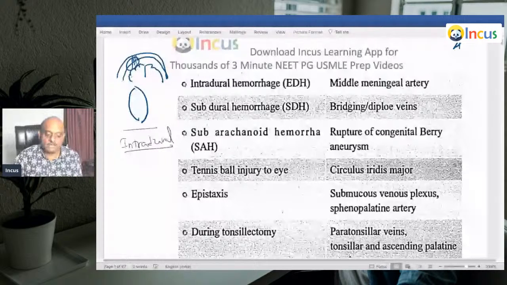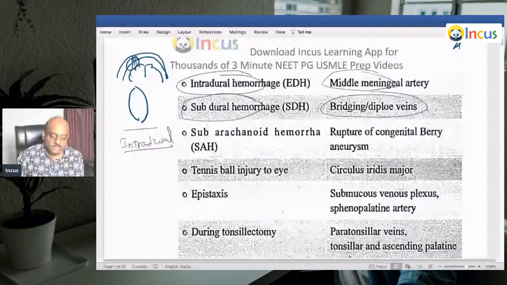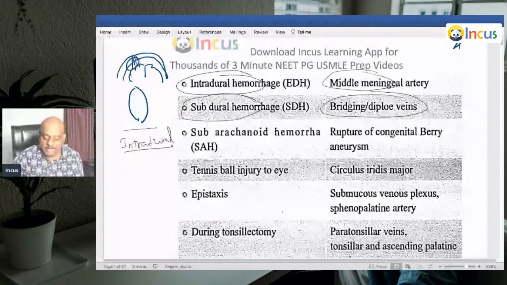Subdural hemorrhage in an elderly person with a shrunken brain, without any trauma history, even if you shake him, can lead to injury to the bridging veins, and that leads to subdural hemorrhage. Subarachnoid hemorrhage is because of the rupture of a congenital berry aneurysm, typically in the anterior communicating artery.